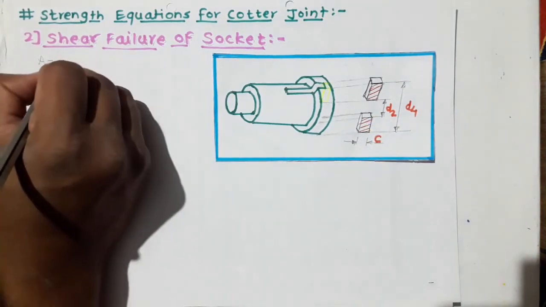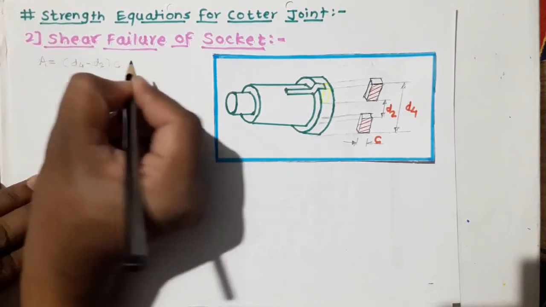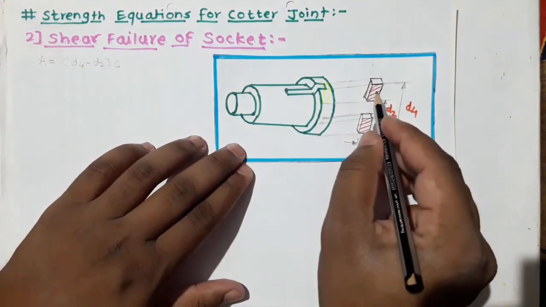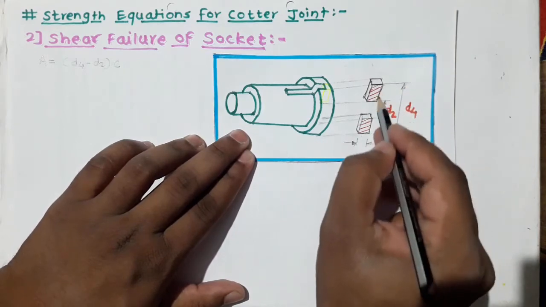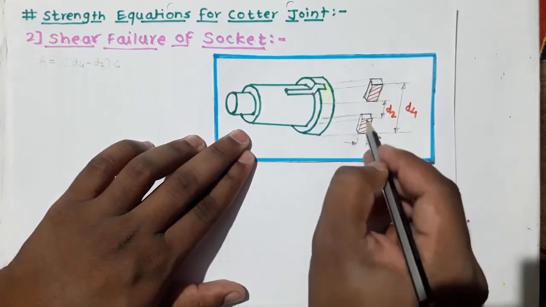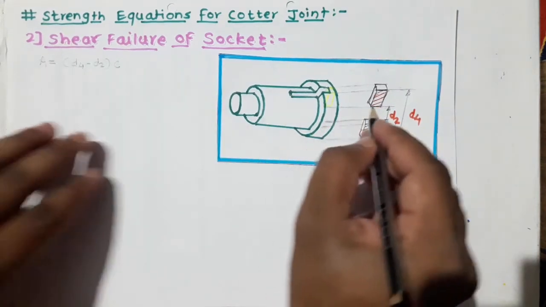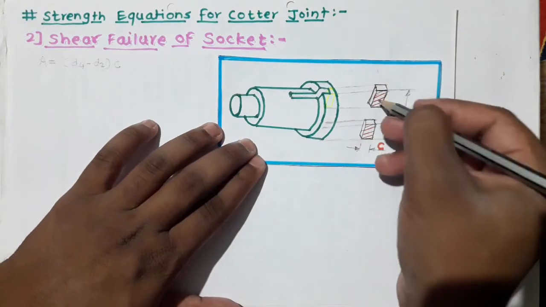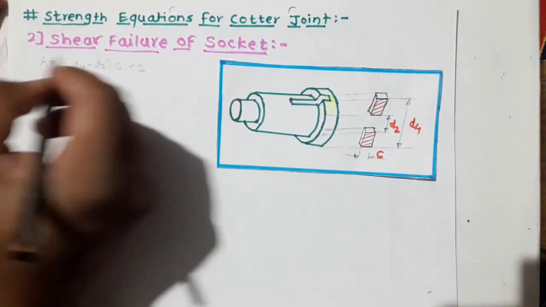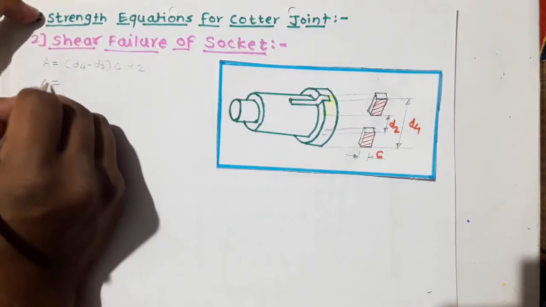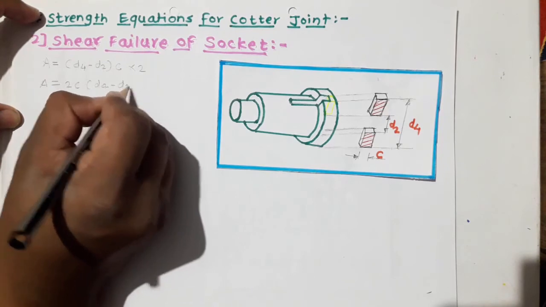So we can write d4 minus d2 into c. This is the area which is visible to the observer from this side. And such two sides are there exactly behind these two sides. So we have to multiply by 2 to get the total area subjected to shear stress. So we can write this equation as twice c into d4 minus d2.